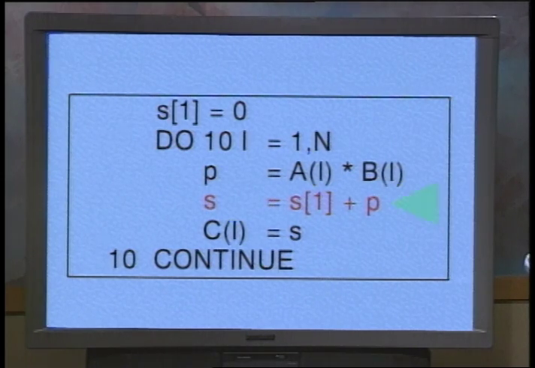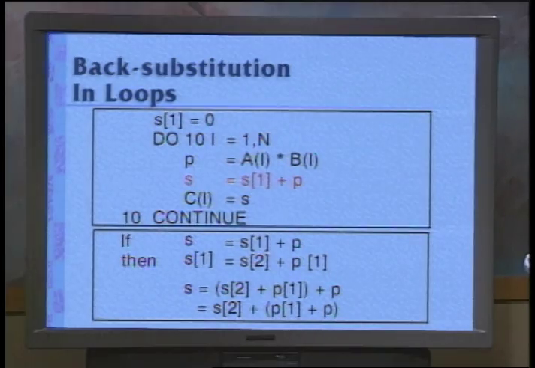So what this says is that the sum on one iteration is the sum from the previous iteration, once again using the EVR notation, plus the product that was just computed. Now, since each addition feeds the addition on the next iteration, we can't have the iteration starting sooner than one every add latency. Now, what we can do is make use of the following back substitution.